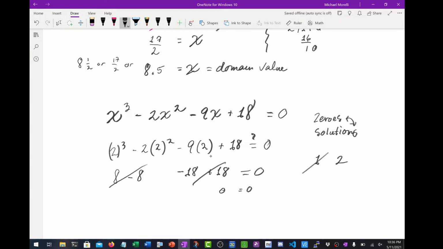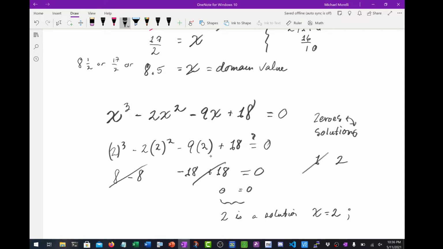And when you have this condition right here, this means that 2 is a solution. So that means x equals 2 is a solution.